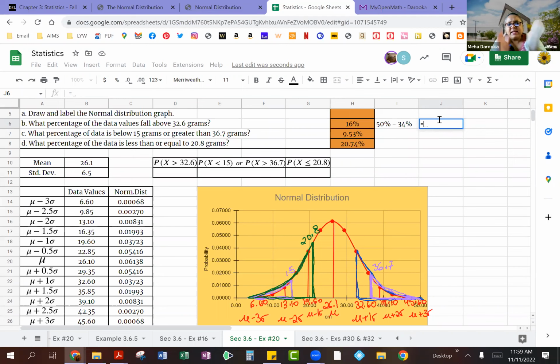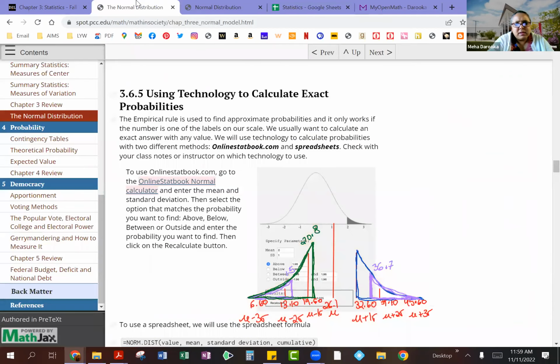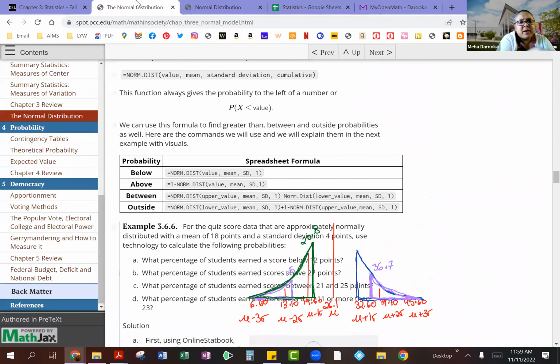Remember when you're doing above, you have to use the 1 minus norm dot distribution function for that case, because by default, the norm dot distribution always gives you the area to the left of the number. So if you want to go to the right, we do the 1 minus. So this is what we would be using.